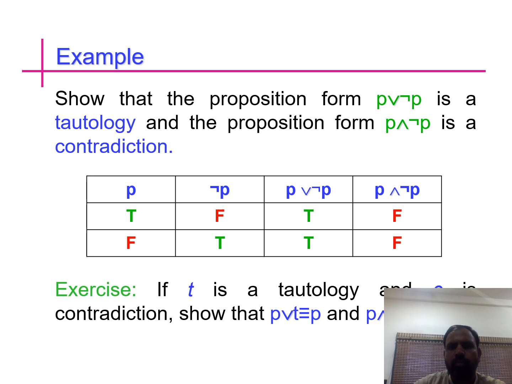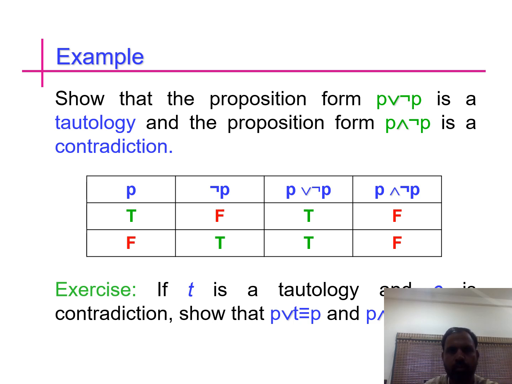Show that the proposition form P or negation P is a tautology and the proposition form P and negation P is a contradiction. So this table is for P: true, false; negation P: false, true.